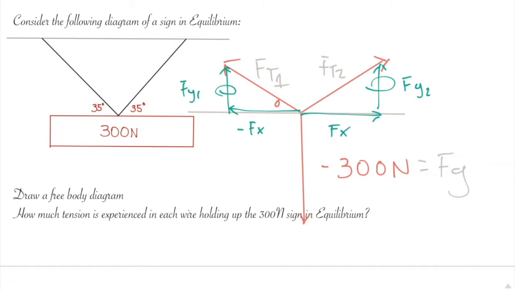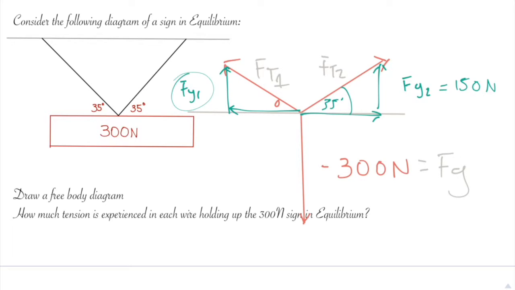We just found that these vertical forces are both equal to 150 newtons, and we've got an angle of 35 degrees, but what we're looking for in the problem is this tension force here. They're the same on both sides, so we can solve for just one side and get both of them.